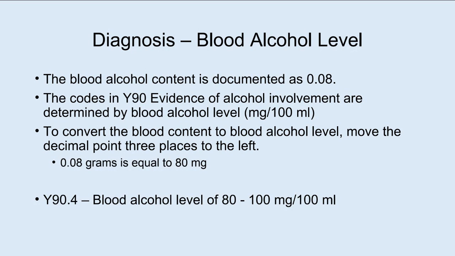So you've got 0.08 grams is equal to 80 milligrams. So the correct code is therefore Y90.4, level of 80. Okay, so just have to convert one to another. The documentation may have it this way, or they may have it this way. It depends.